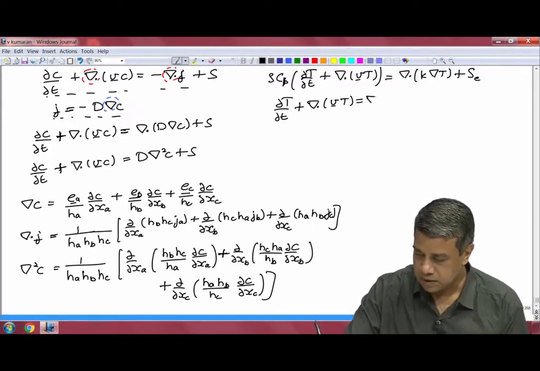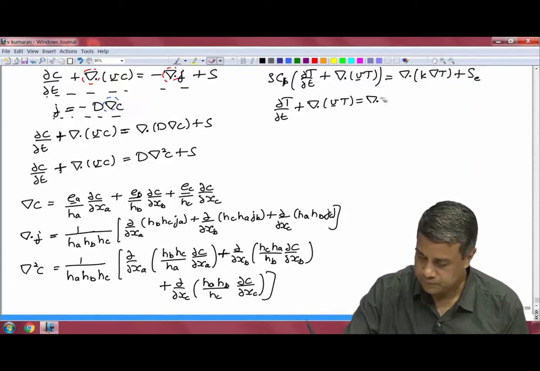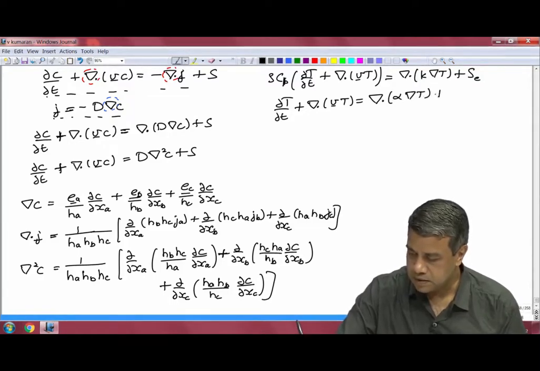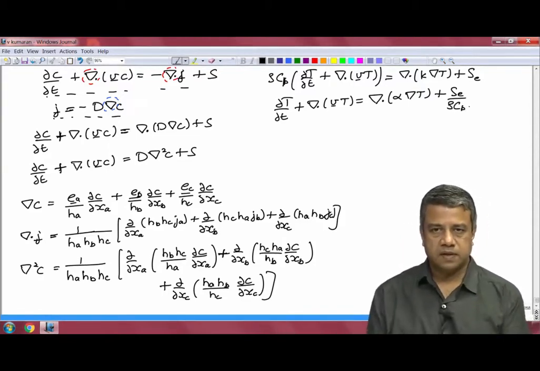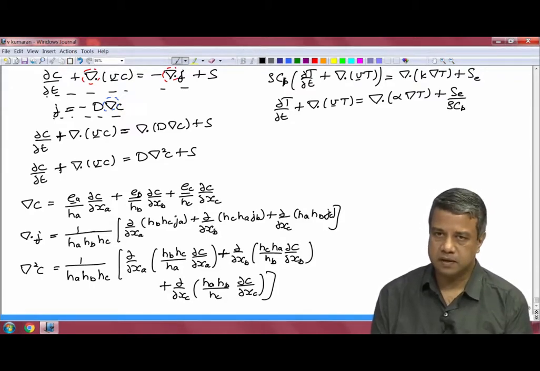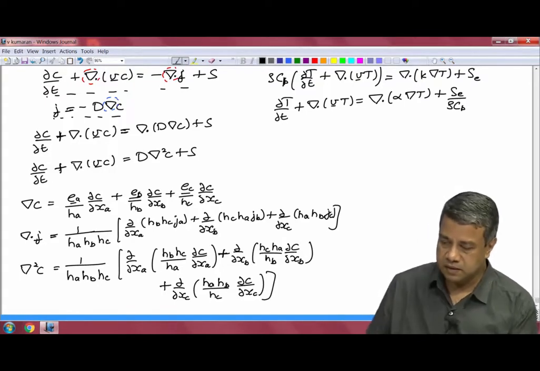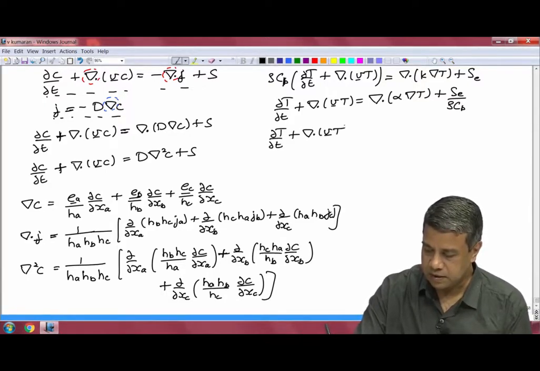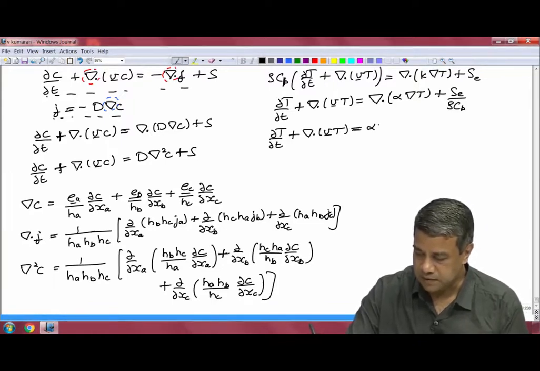is equal to divergence of alpha grad T plus S e by rho C p, where alpha is the thermal diffusivity. Okay. And if the thermal diffusivity is independent of position or time, then you can write this equation as partial T by partial t plus divergence of V T is equal to alpha del square T plus the source.